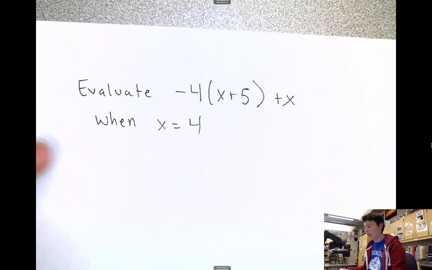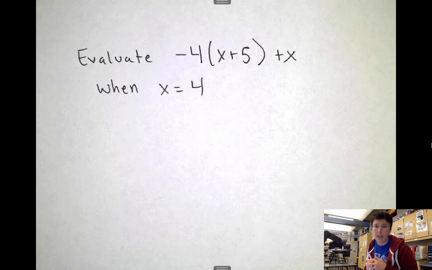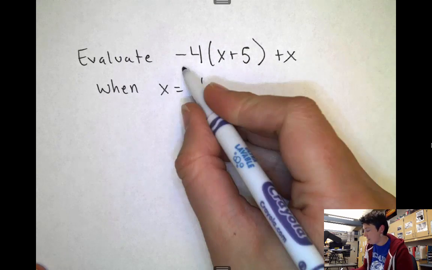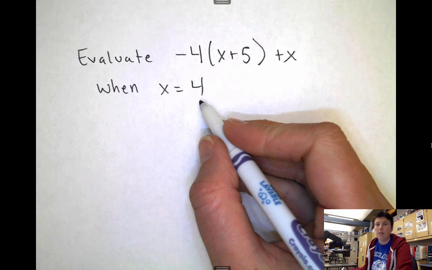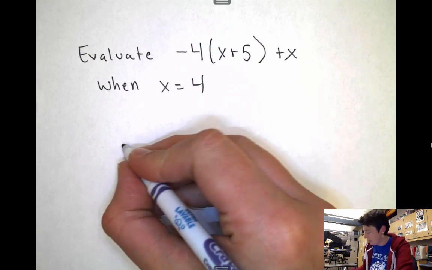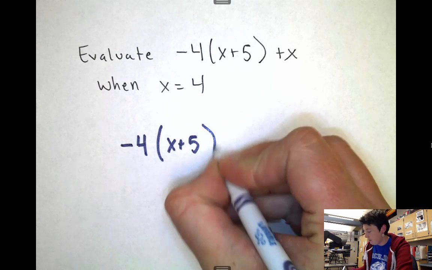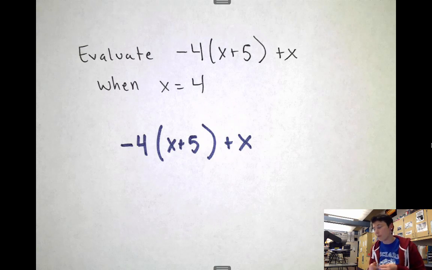Let's try a little bit of a harder one here. Evaluate negative 4 parentheses x plus 5 plus x. Evaluate this whole expression when x is equal to 4. So I'm going to copy the problem. Negative 4 parentheses x plus 5 and then plus x. And somebody has come along and told me x is equal to 4.